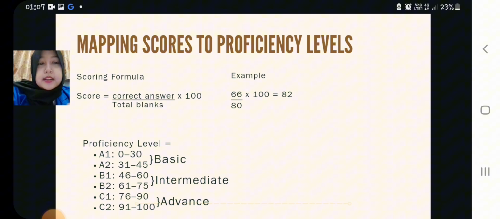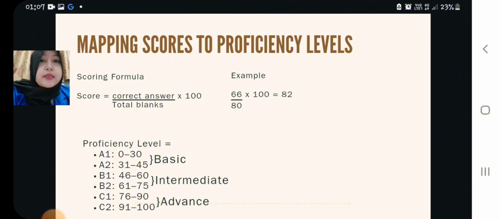For example, I give the C-Test to students, and there is one student. We have 66 correct answers. And how to score the C-Test?